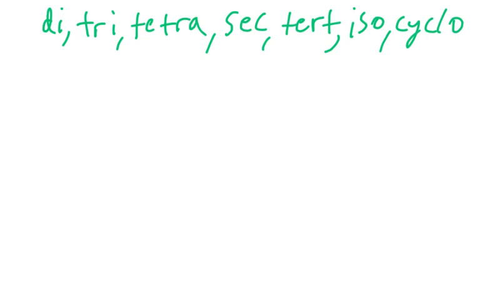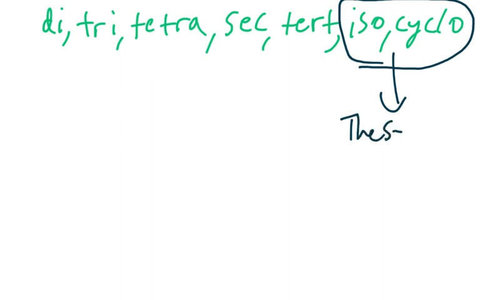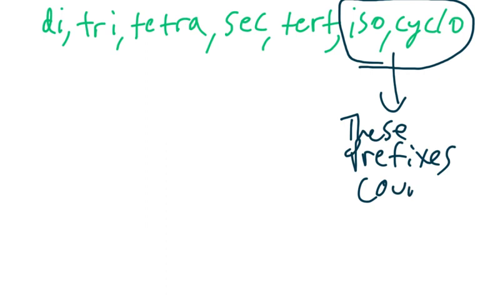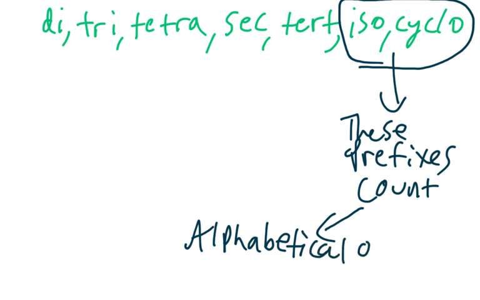The only ones you have to pay attention to when you start trying to see who comes alphabetically first are iso and cyclo, because these prefixes count when you're talking about alphabetical order when naming molecules, okay?